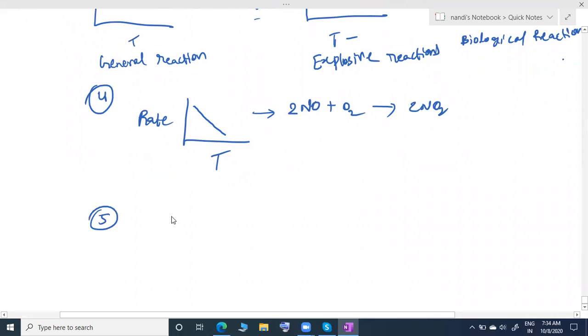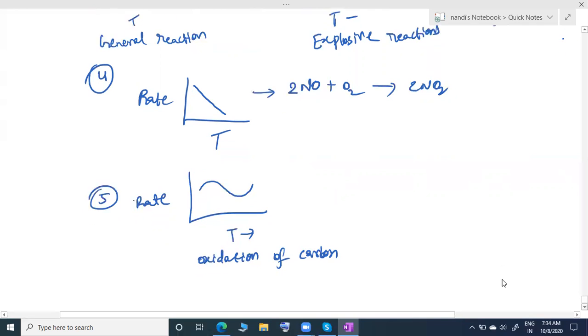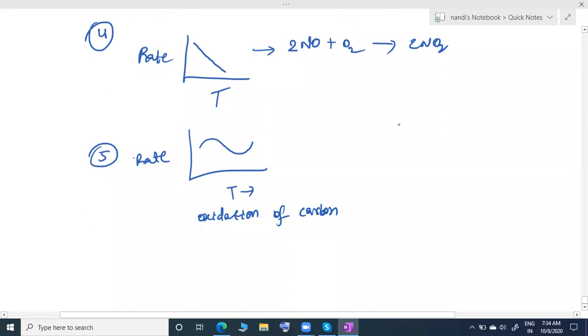Next, rate versus temperature. This is oxidation of carbon. Clear?